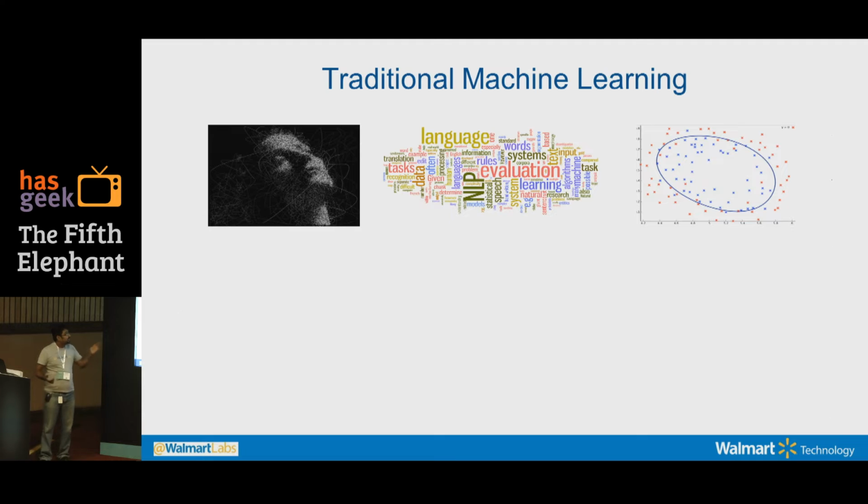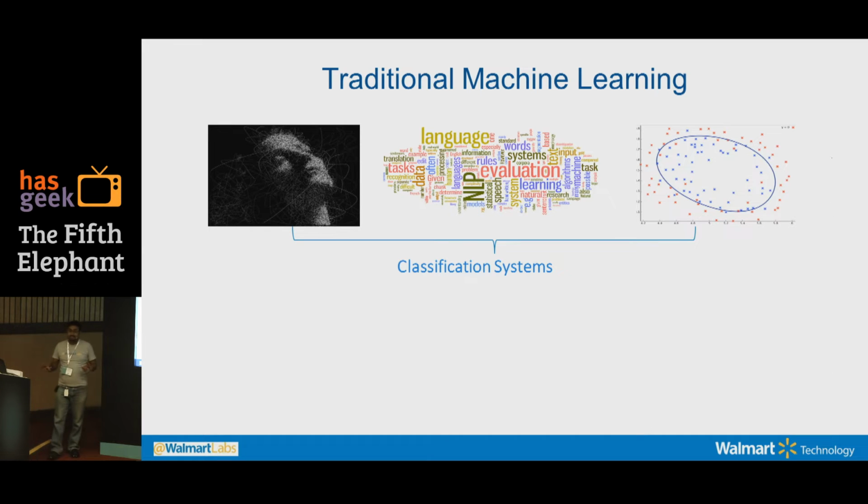But from the very complex image processing to just a distinguishing algorithm, all of them are classification systems. We have our data in place which has labels, and we train an algorithm that will be able to classify new data into those very labels.